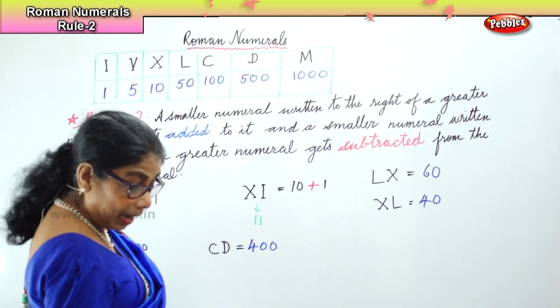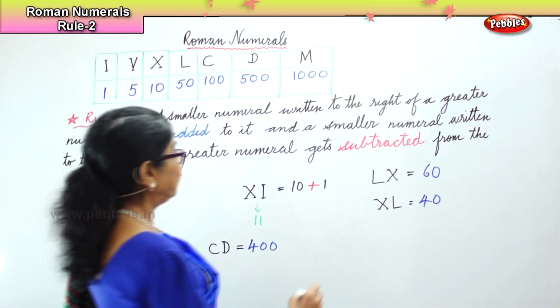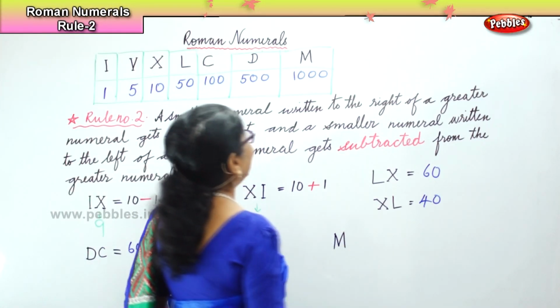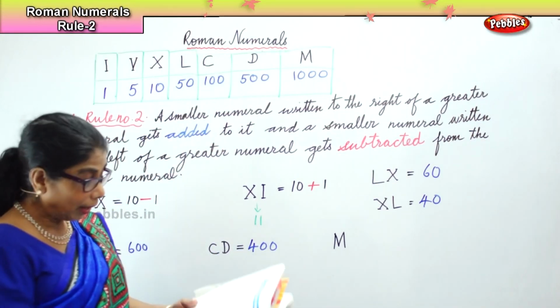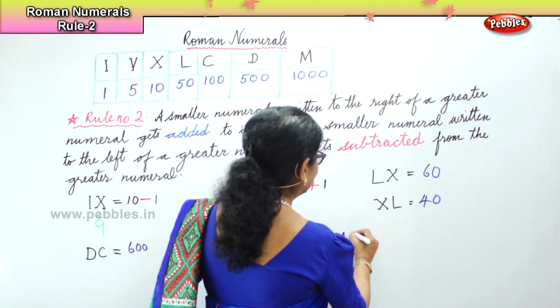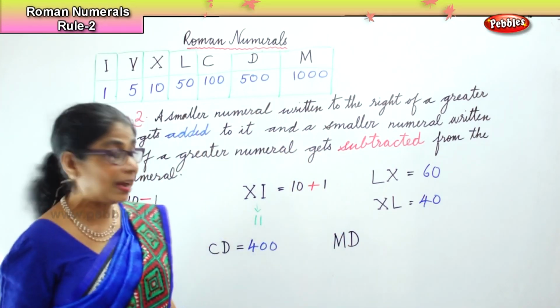Now, let's say I'm giving you another letter, M. M is 1000 and D. What is D now? D is 500.